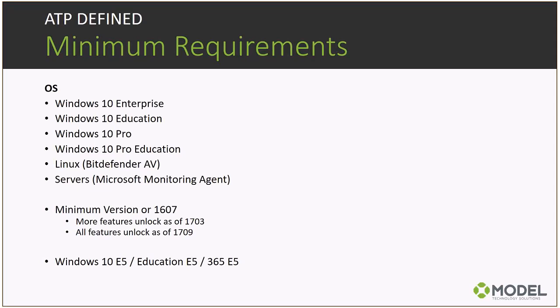From a Windows 10 version, it must be 1607 at a minimum. And then if you look at some of the features in ATP's portal, there's a series of features that unlock at 1703 and features that unlock at 1709. That's really because as Microsoft releases these feature updates to the operating system, they're embedding more capabilities of what you can do in a post-breach or analytics scenario. Whether it's gathering more data or taking more action or doing selective actions, those will continue to improve with the additions of Windows.